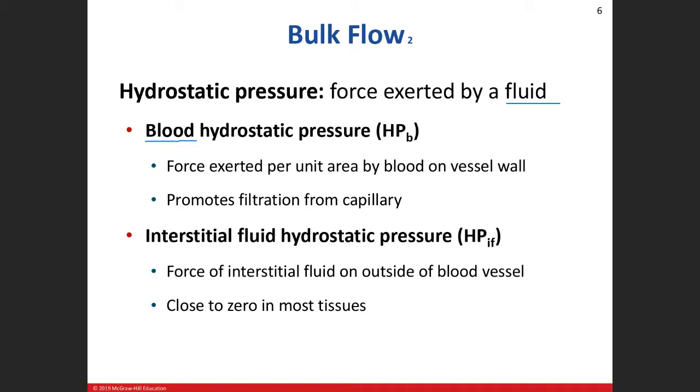We label it as HP with the subscript of B for the blood. So this is the amount of force or push that the blood is forcing onto the blood vessel wall. Basically, it is the force being pushed out. As blood is in your blood vessels, it's pushing outwards.